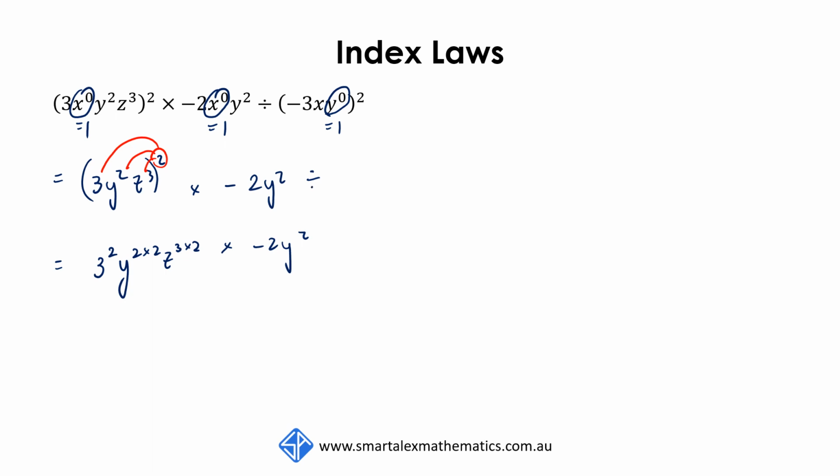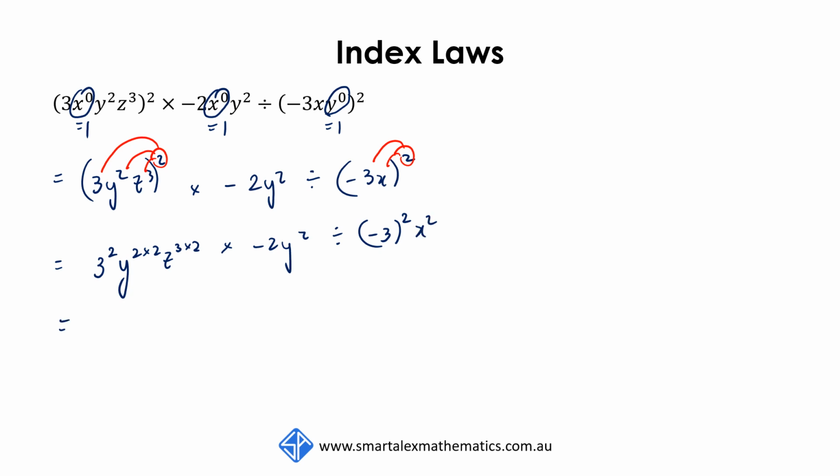So this is the same as dividing by negative 3x in bracket squared. Now, applying the power of a power to minus 3x, what's going to happen is the power of 2 applies to the entire minus 3 term as well as to the x term. So this is going to be dividing by minus 3 to the power of 2 x squared.